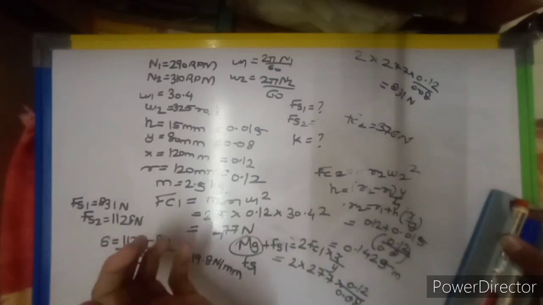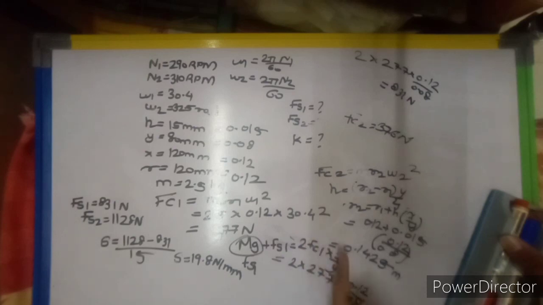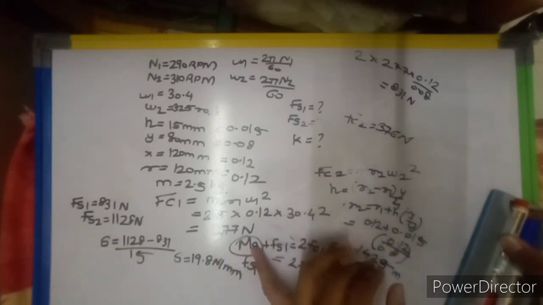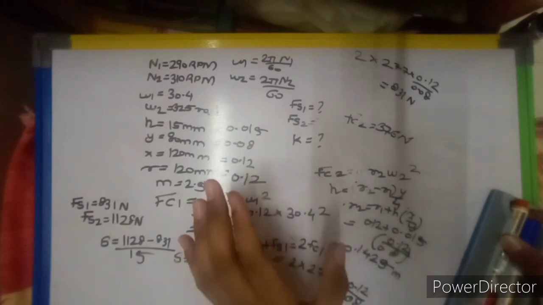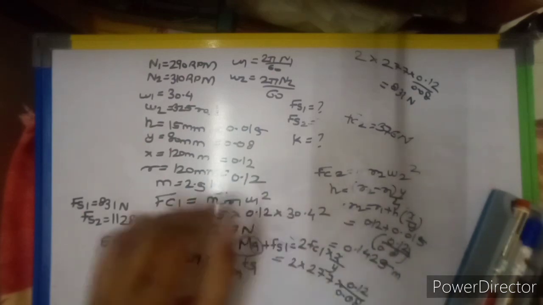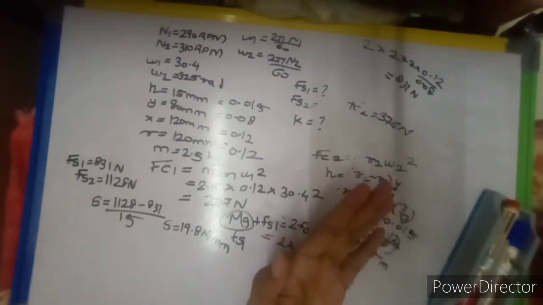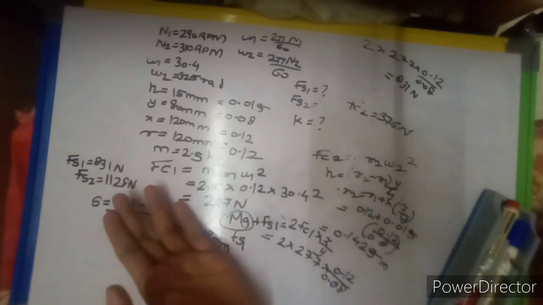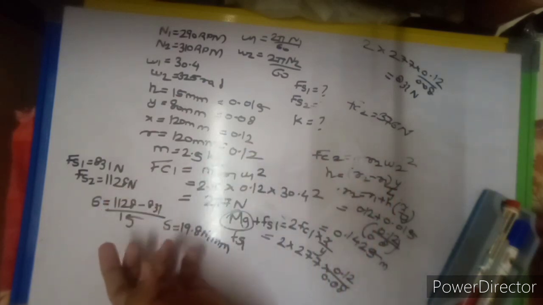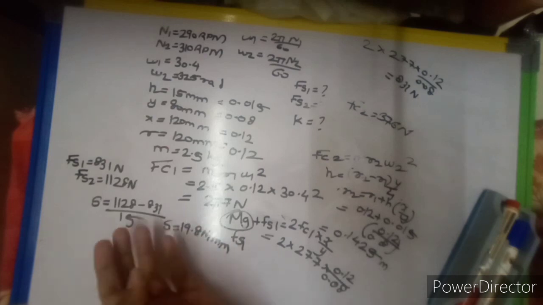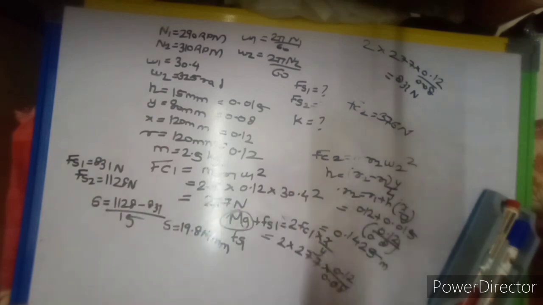That equation is mg plus Fs1 equal to 2 into Fc1 into x by y. The central load is 0 here since it is neglected. Rest, substitute the values and you will get the answer: Fs1 as 831 and Fs2 as 1128. s you can take in terms of meter or mm, so s is 19.8.